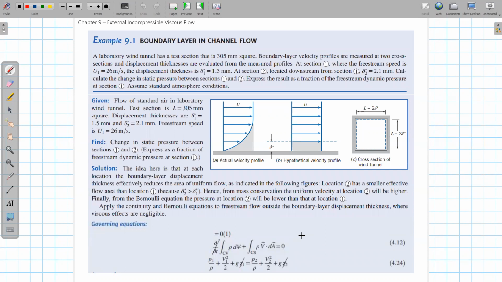Okay, so for this problem, you may feel a little bit confused because in this chapter we are talking about external flow, right? But for this problem, the channel flow is an internal flow.